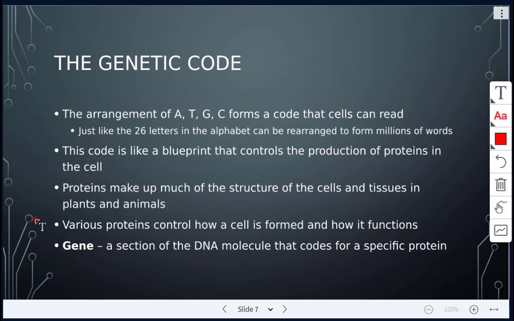And then there are genes. Those are sections of the DNA molecule that codes for a specific protein. So not all of the DNA that we have will code for a specific protein. Only certain sections of the DNA that is a gene that codes for a protein.